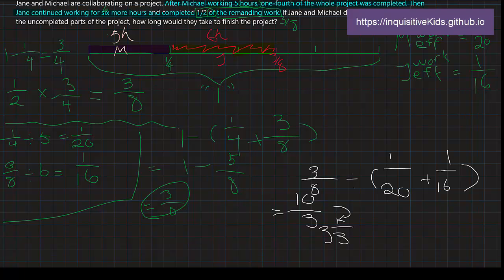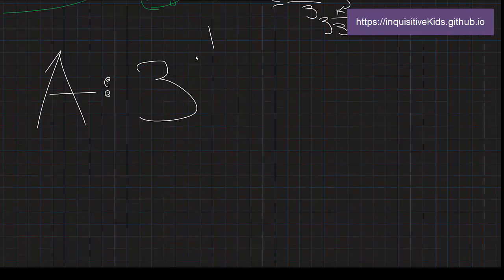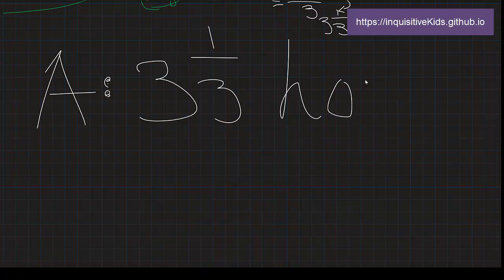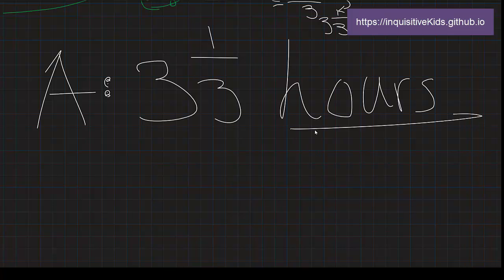So there, that's done, and the answer would be 3 and 1/3 hours. If I was saying days before, I'm sorry, the unit is hours. That answer you answered it earlier on. So that was our answer.